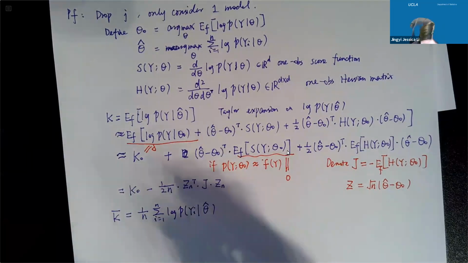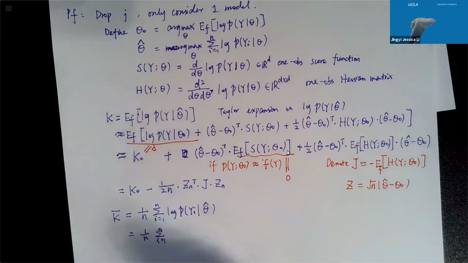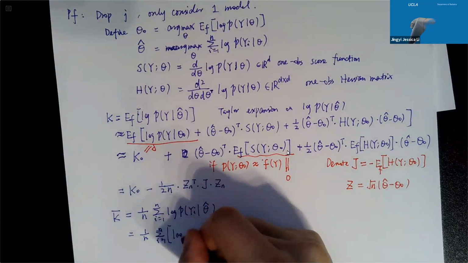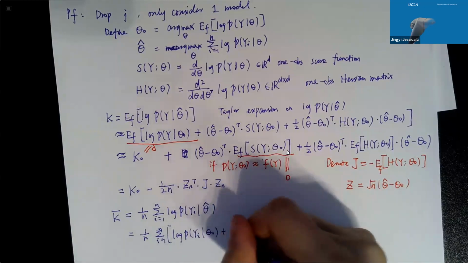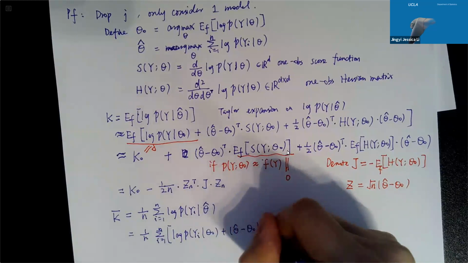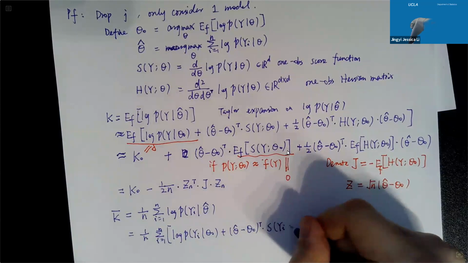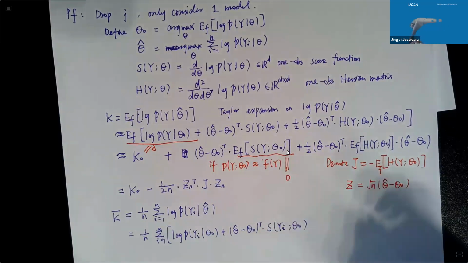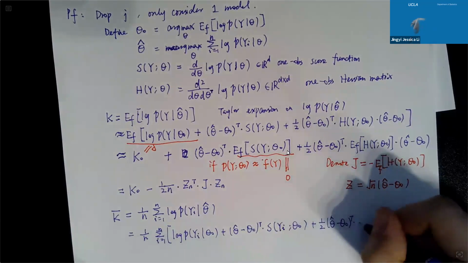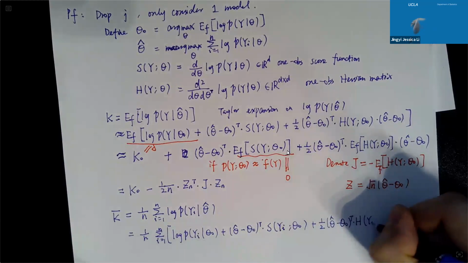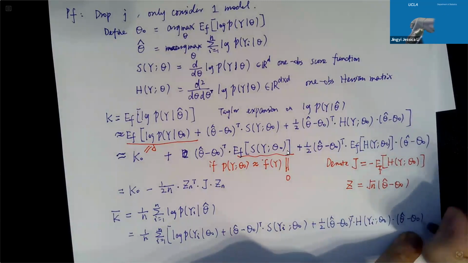So the same idea, I'm just going to write it down. 1 over n summation, in the summation we have log p(y_i | theta 0) plus (theta hat minus theta 0) transpose times the score s(y_i, theta 0), plus 1/2 (theta hat minus theta 0) transpose times the Hessian H(y_i, theta 0) times (theta hat minus theta 0). That's it.